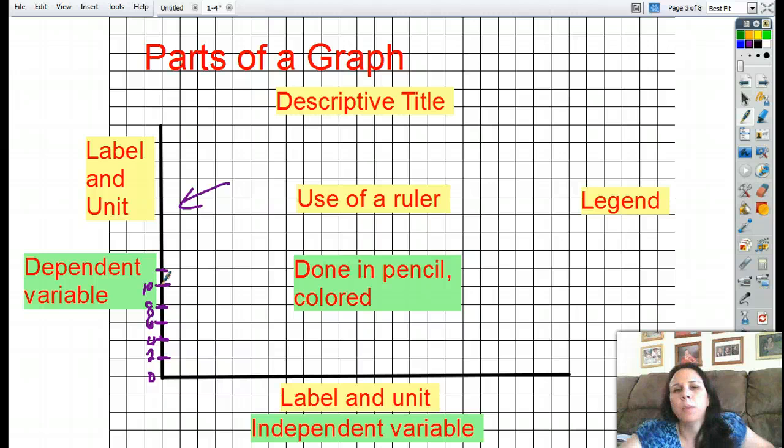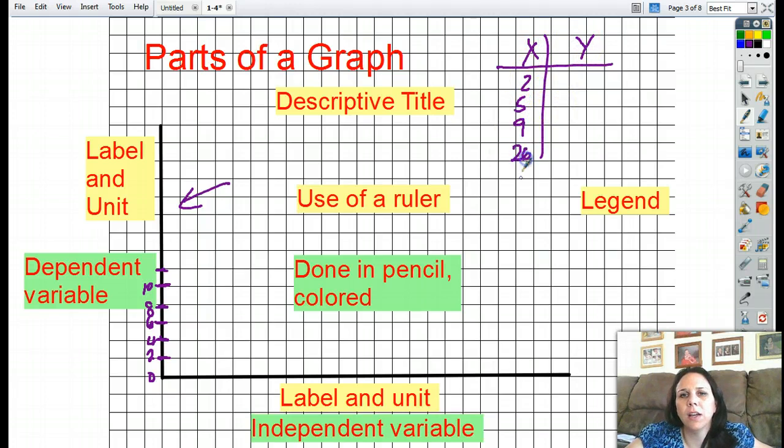But you'd be amazed how many people, if I give them data, so here's the X and here's the Y, and I've got 2, 5, 9, 26, and 32. I couldn't tell you how many people do this: 2, 5, 9, 26, and 32. Well, guess what? If you do that, you will always get a perfectly straight line every single time.